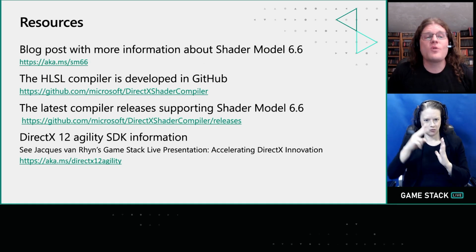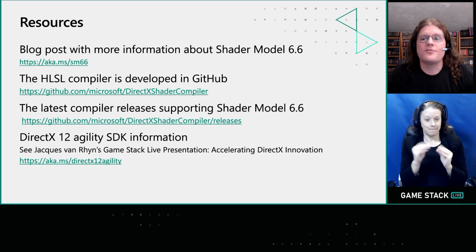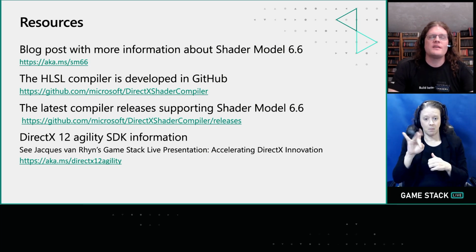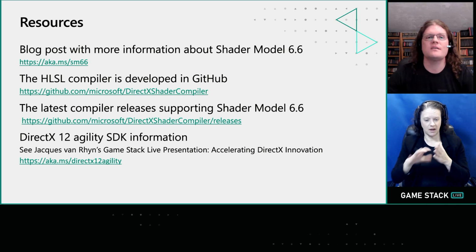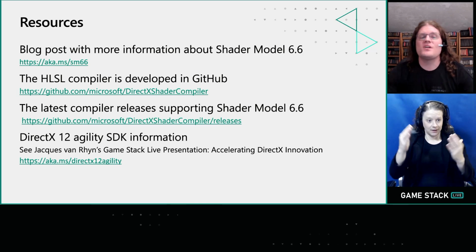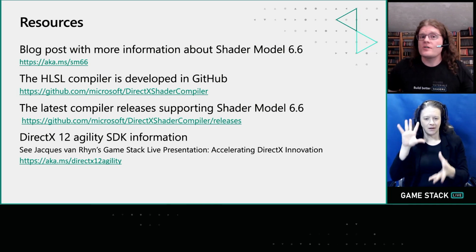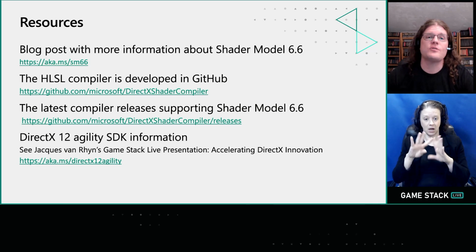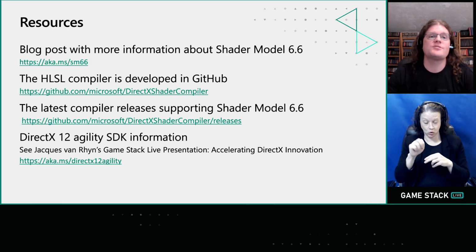All right, so a little more resources if you want to inform yourself a little more about this. There is a blog post that I've written that accompanies this, goes into a little more detail, gives you the latest information and some other useful links. Finally, the HLSL compiler is open source. It's in GitHub. You can look at all the source, you can make suggestions, you can check it out and make alterations yourself.